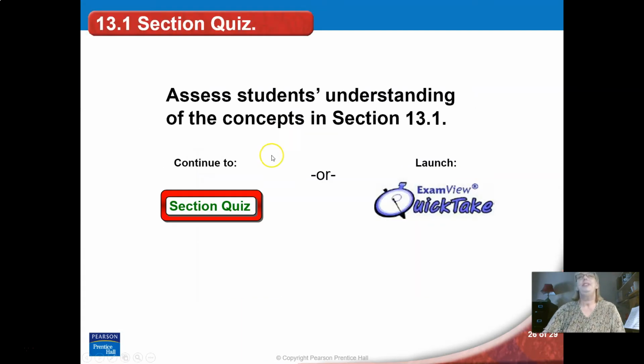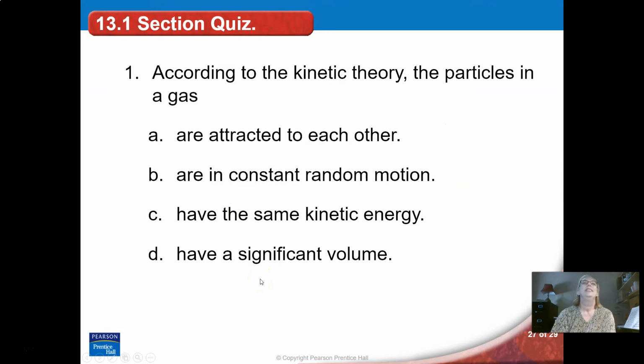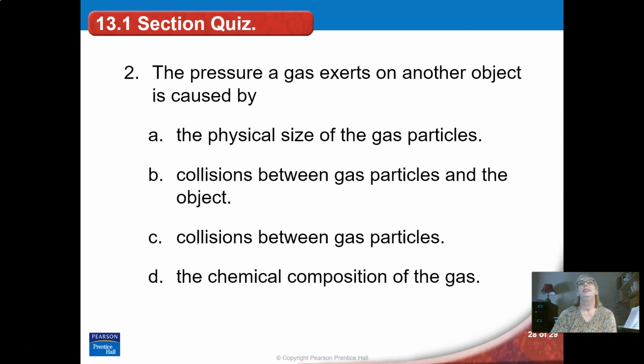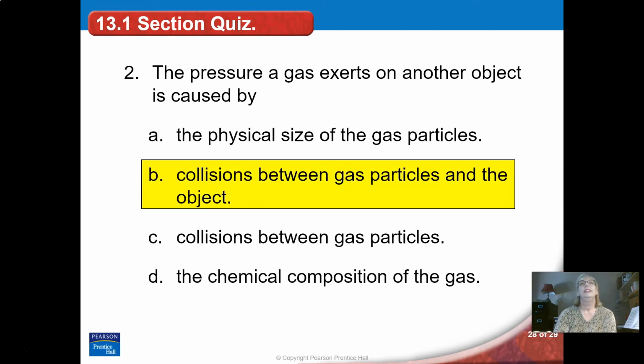So let's see how much you got out of this section. Let's try this little quiz. Good luck. According to kinetic theory, the particles in a gas are always moving. The pressure a gas exerts on another object is caused by the collisions that the gas particles and the object make.